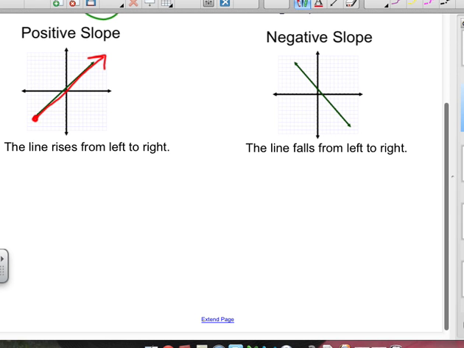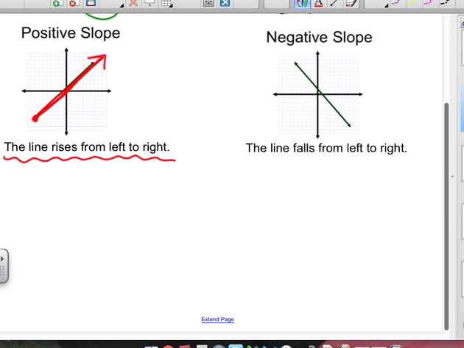So if you were riding your bicycle, starting on the left of this graph, working your way over to the right of this graph, you would be going uphill. That is a positive slope. If the line rises from left to right, it's positive slope. You would be going uphill, pedaling pretty hard to get up that hill.